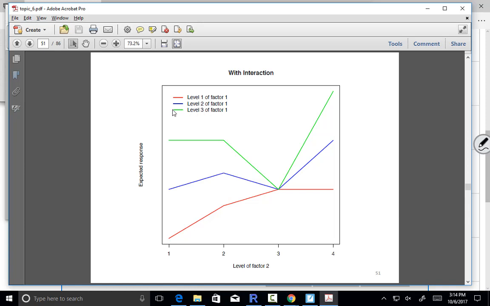In level 3 of factor 1, there's a decrease on average. In level 2, there's a smaller decrease. And in level 1, there's an increase on average. So the effect of factor 2 depends on the level taken by factor 1.